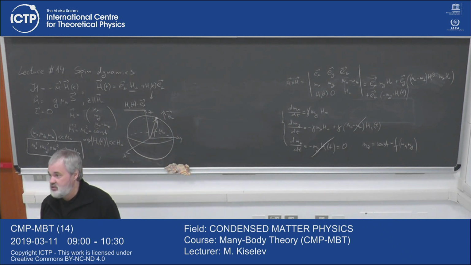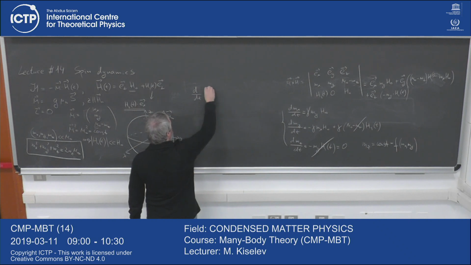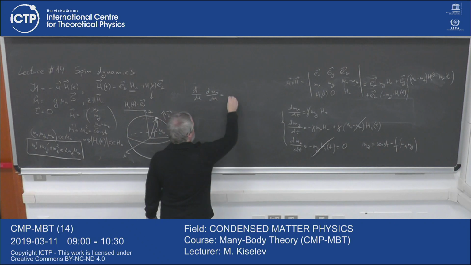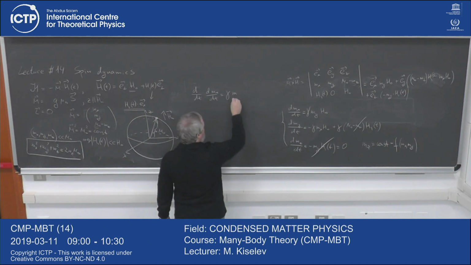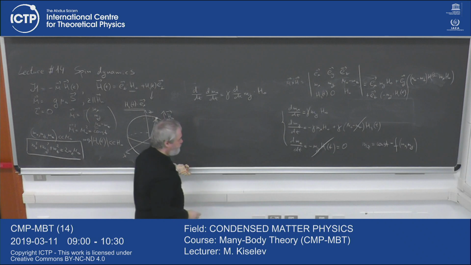So very easy: d over dt of dmx over dt is equal to gamma times d over dt of my times h naught.